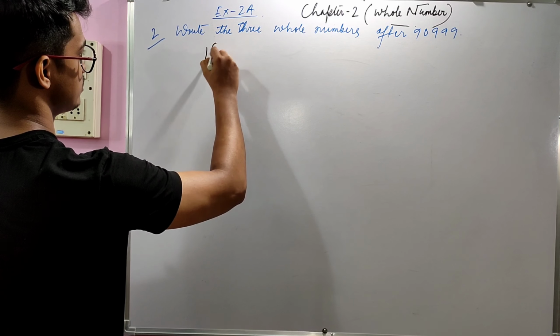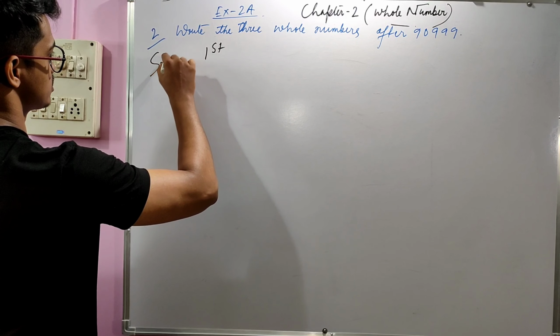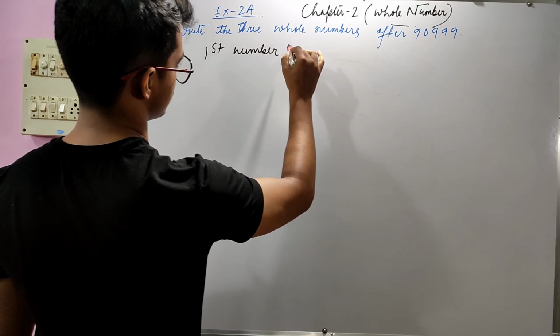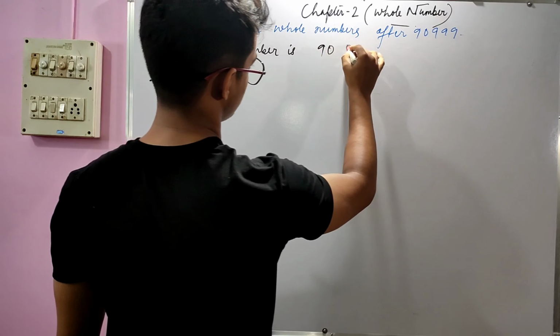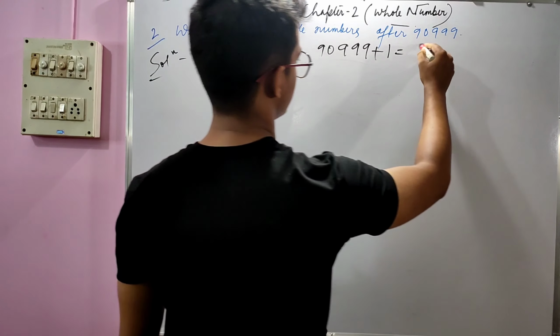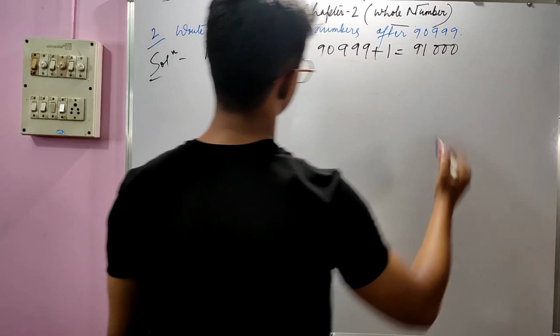The solution, just write down like this. First number is 90999 plus 1, so that is basically 91000, right?